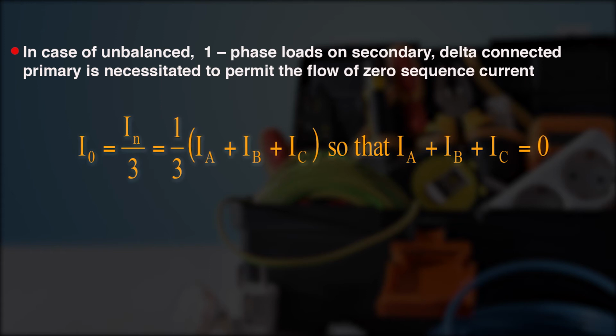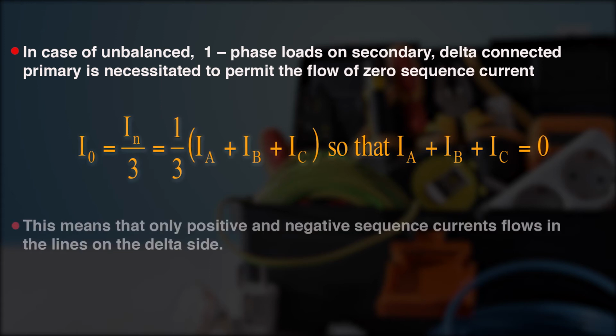So you know, for the balanced system, Ia plus Ib plus Ic is equal to 0. This means that only positive and negative sequence currents flow in the lines on delta side. This could also be achieved by the star connected primary, provided the primary and the secondary star points are joined. But this is not recommended because of flow of ground current for unbalanced secondary loads.